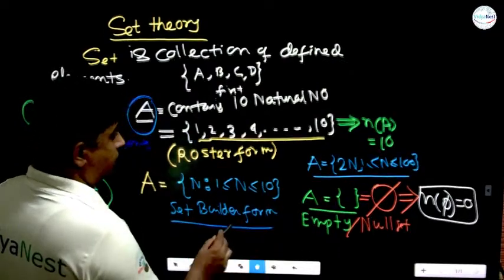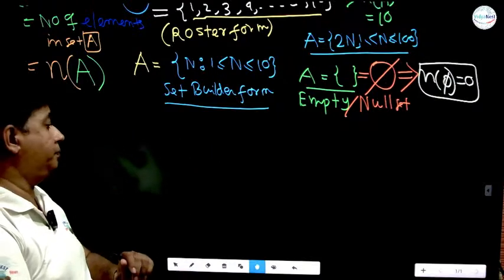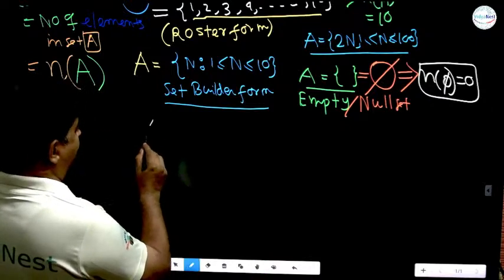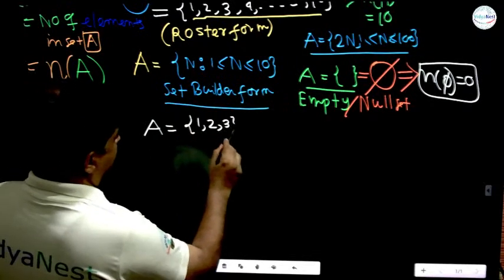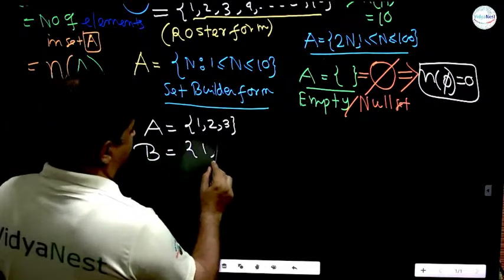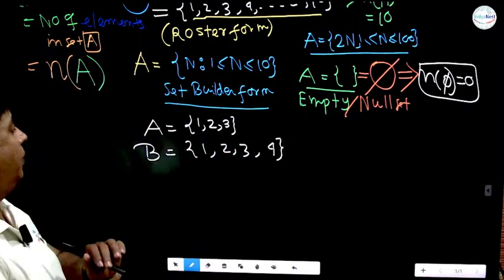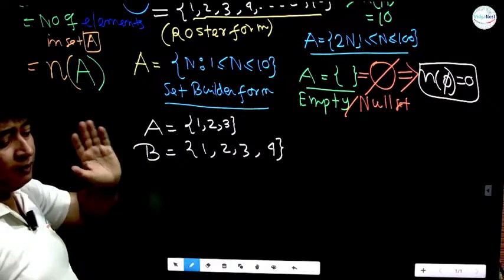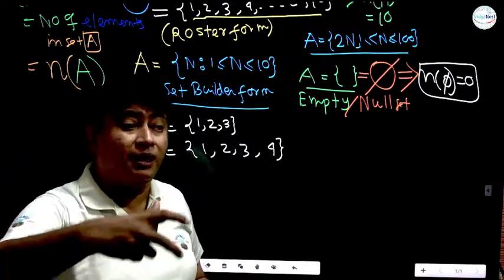Now, suppose A is a set containing 3 elements and B is another set containing 4 elements. From here one conclusion I can draw is that A is a subset of B. If you get stuck in the concept of subset, then you can recall the concept of less than.